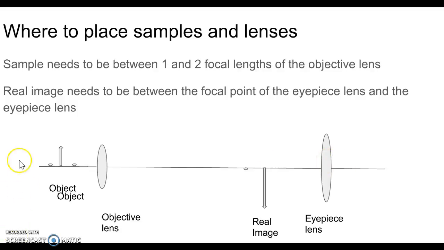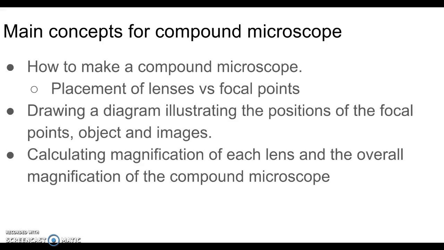That would be way over here. If you've done that, then you have the basics of what you need for an optics diagram of your microscope as far as the optics go. I'll talk about the calculation of magnification of each lens and the overall magnification in the next video.